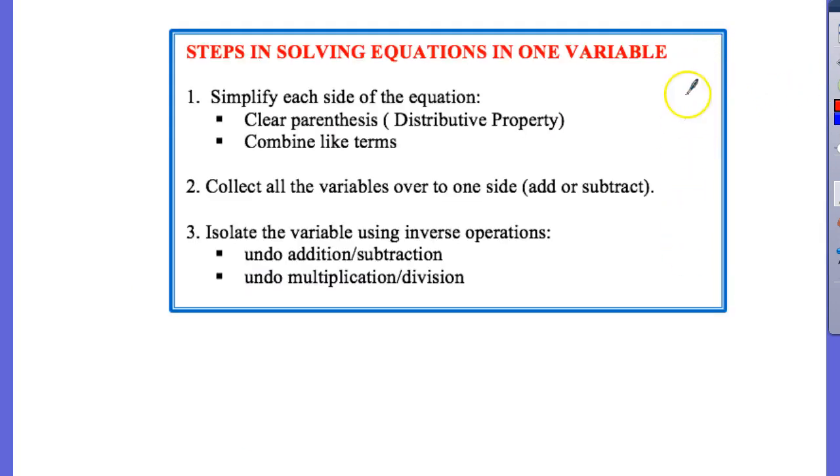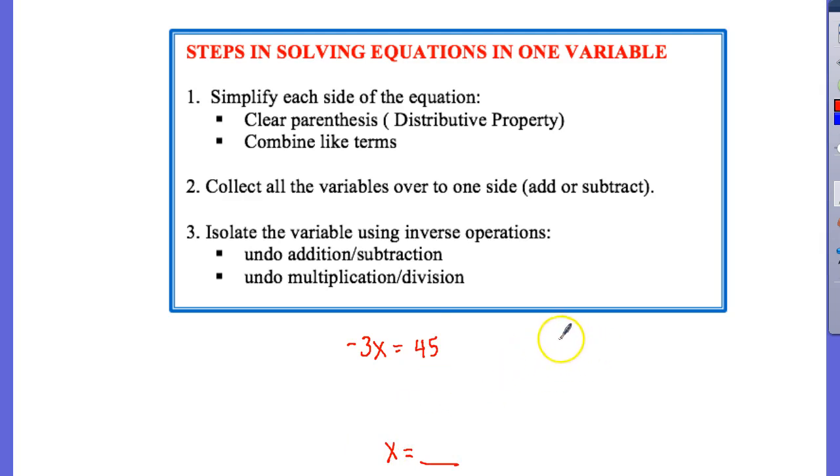So these are the steps in solving equations in one variable. These apply to any type of equation. It can be a simple equation, it can be complicated. So always remember, when you're solving an equation, your goal is you want your variable to be by itself. So like for example, when you have negative 3x equals 45, at the end here you want x to be by itself, right?